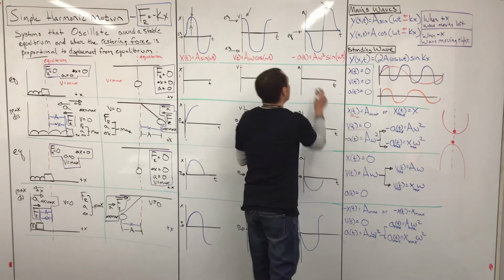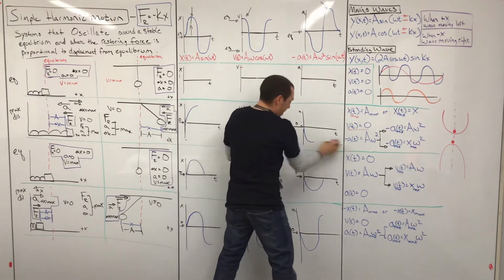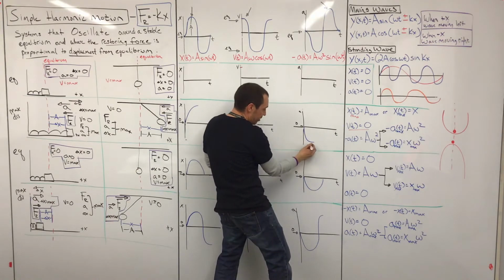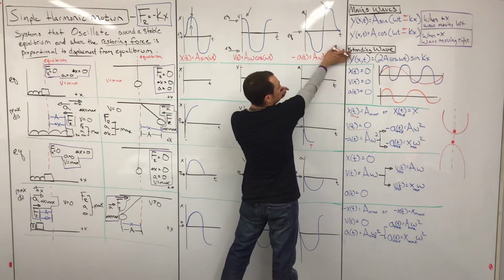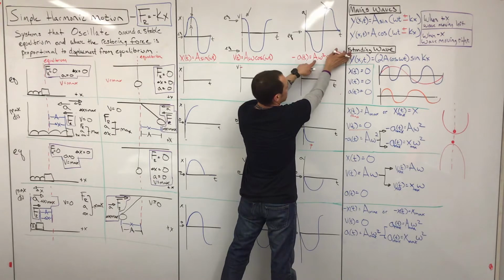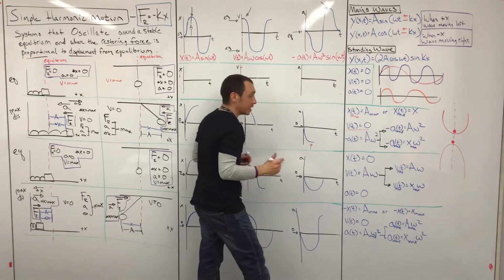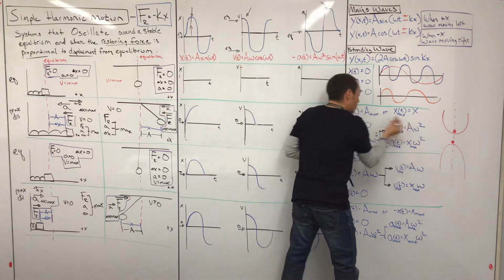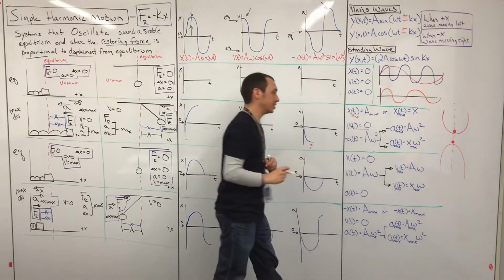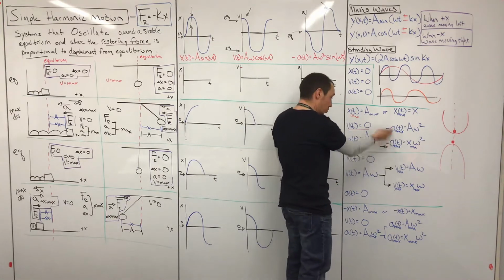Okay, but again, just like with everything else, at that max point right there, for acceleration, that trig function falls off, and acceleration is just equal to amplitude times omega squared. But we know that amplitude can be equal to x, right? So we can write this equation two ways.